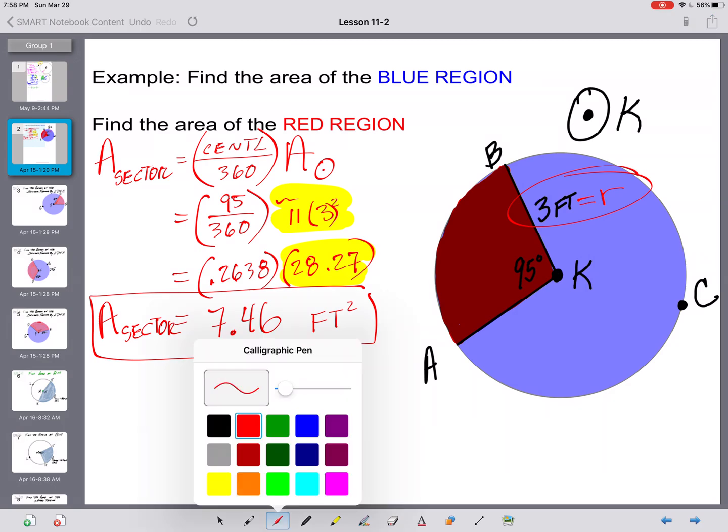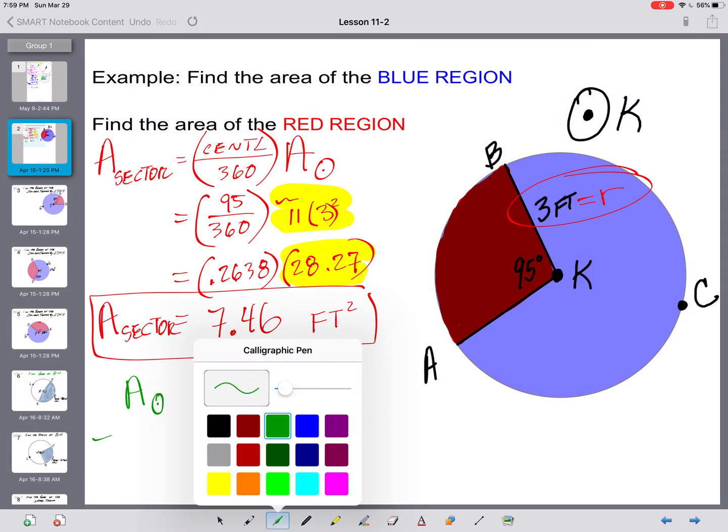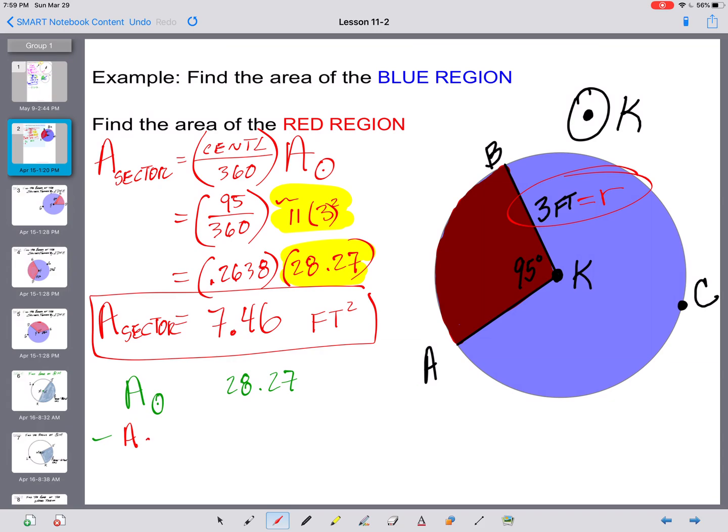So here it is. This is what I'm doing. I'm taking the area of the whole circle, that's 28.27. I'm going to minus the red sector, that's the area of the red one, 7.46.